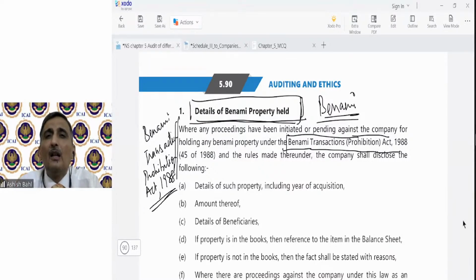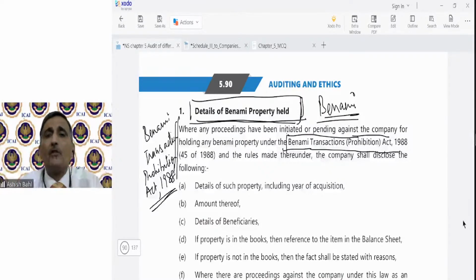So now the government has given teeth to this act. It has given powers. It has made the act more effective, and by notifying the rules of this act, now the actual process of confiscating such properties has been set in motion.